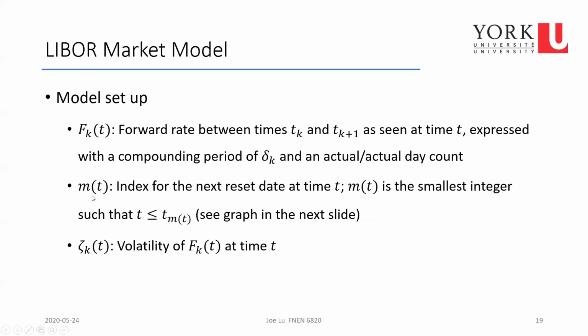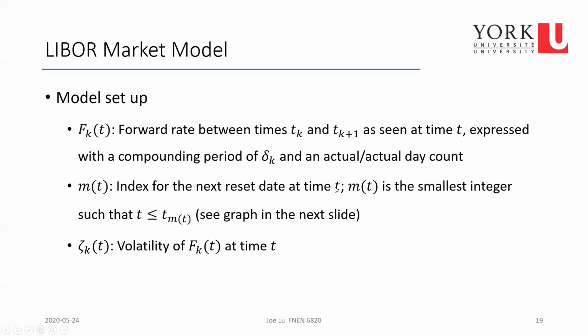Now the second concept we need to talk about is this m function here. This is related to when we need to use the rolling risk-neutral world. This function is basically an index. It takes the value of 1, 2, 3, 4, 5. It's an index for the next reset date at time t.